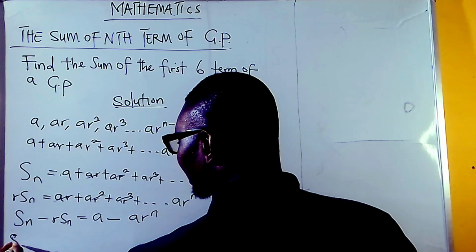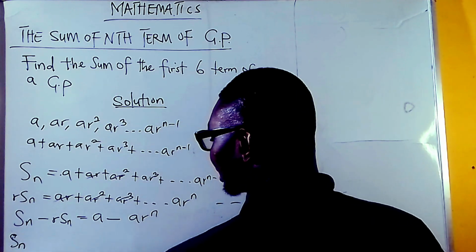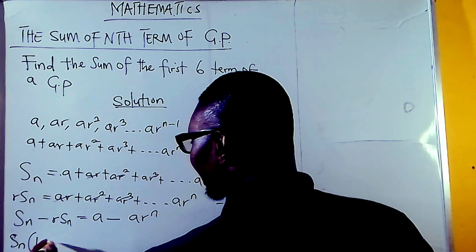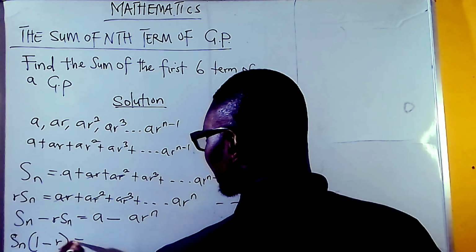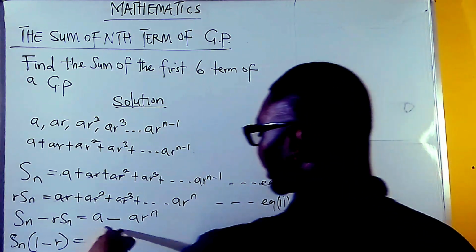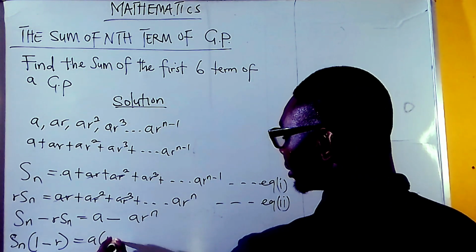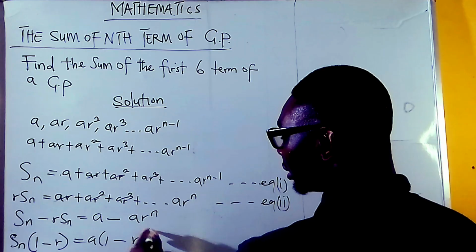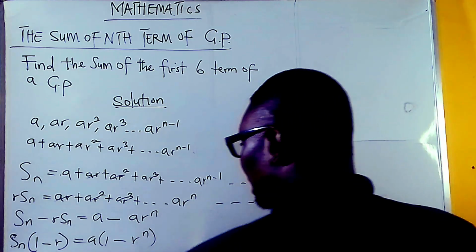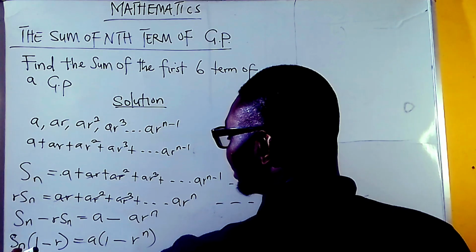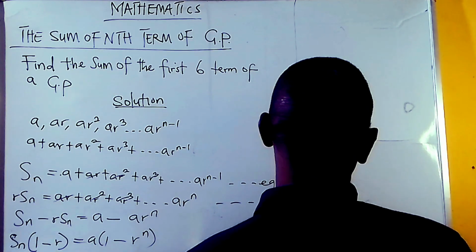Sn is common, so you have Sn, the sum of n terms of GP, into 1 minus r, equal to, now a is common here, so we have a into 1 minus r^n. So at this point, since we're looking for the sum of the n terms of a GP, we divide all through by 1 minus r.